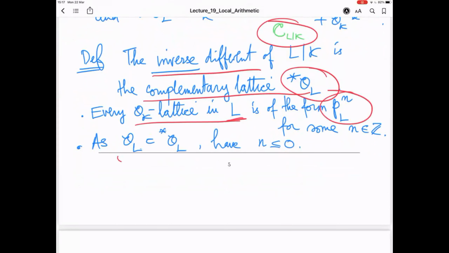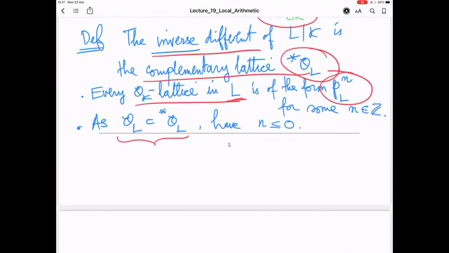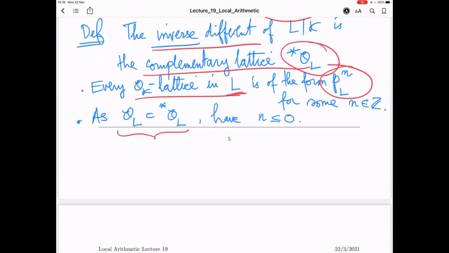And as it's clear that this lattice OL itself is contained in this complementary lattice, this complementary lattice CL over K is either equal to OL itself or PL inverse or PL to the -2 and so on.